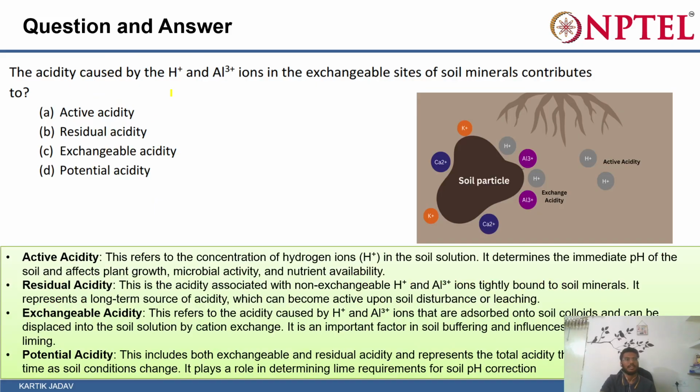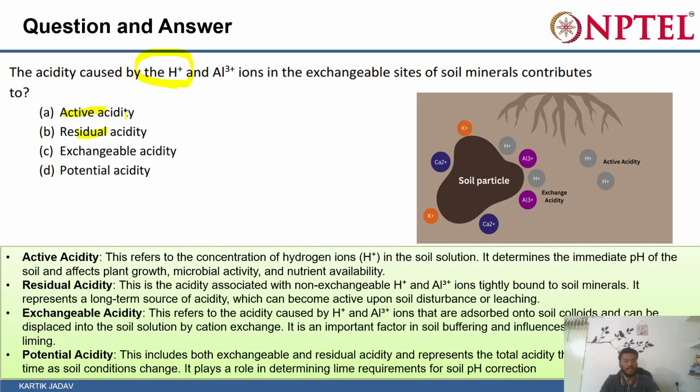The acidity caused by H plus and aluminium 3 plus ions in the exchangeable sites of soil minerals contributes to: active acidity, residual active acidity, exchangeable acidity, and potential acidity.